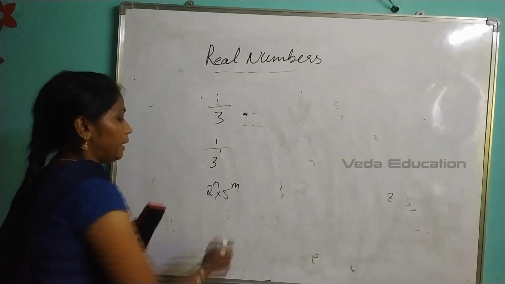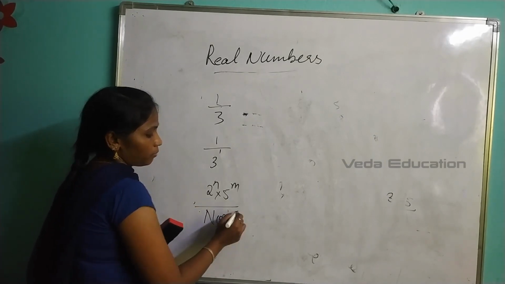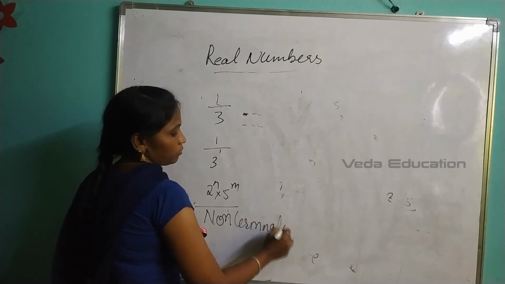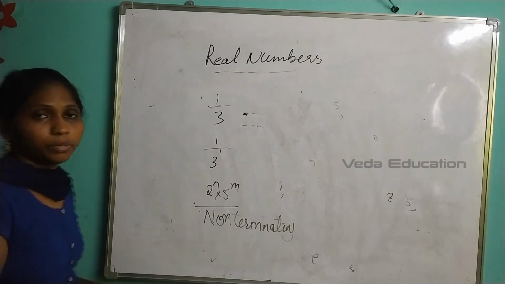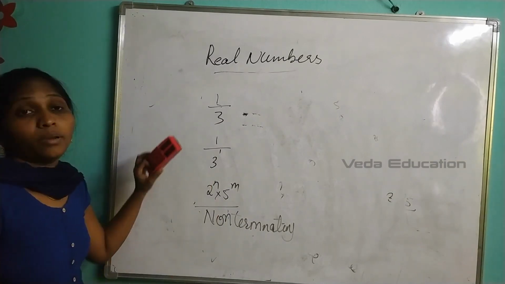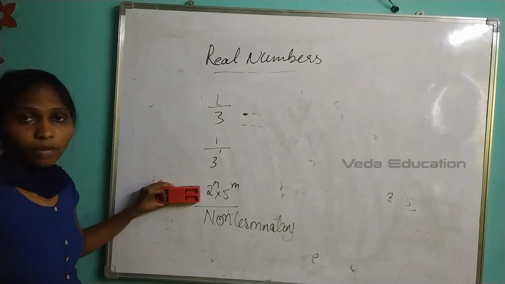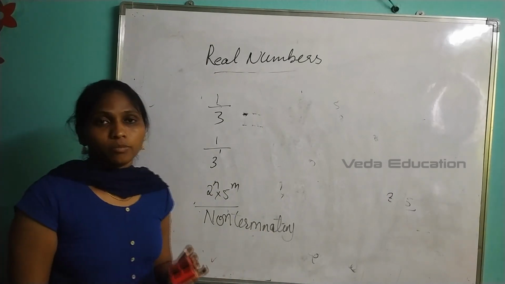No. So it is not terminating. That is a non-terminating number. So those fractions will not terminate. So if x is a rational number and q is not in the form of 2 power n and 5 power m, it is a non-terminating decimal.